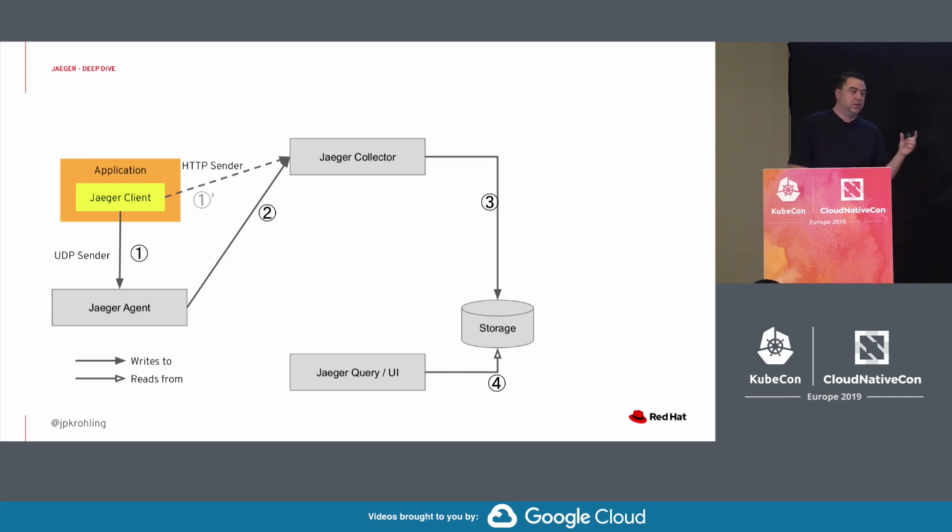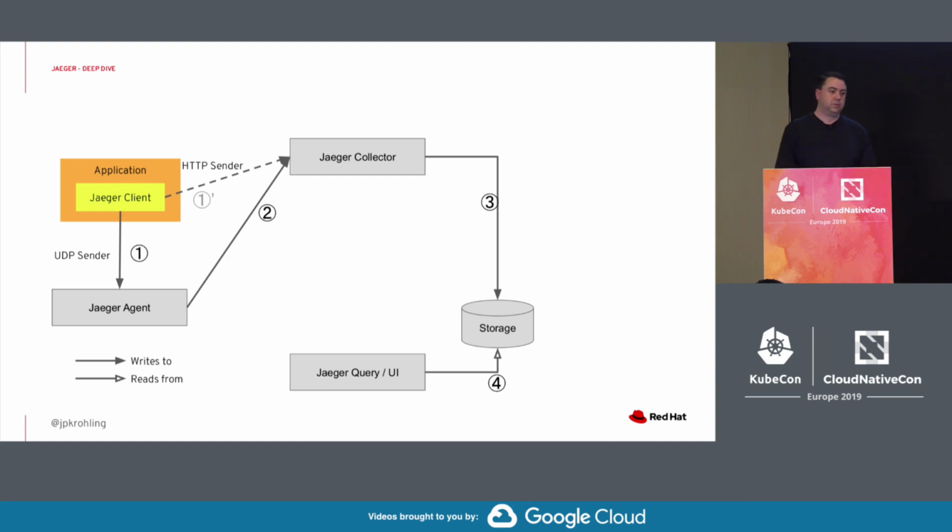Now, the point is then that the agent runs on the same machine, reducing the load on the application itself, and then the agent is responsible for sending this data to the backend, to the collector, in a more reliable way via TCP, perhaps using HTTP on top of TCP, of course, or maybe gRPC or Thrift.